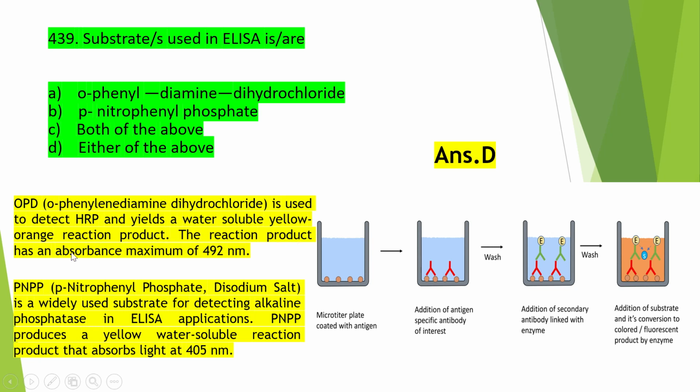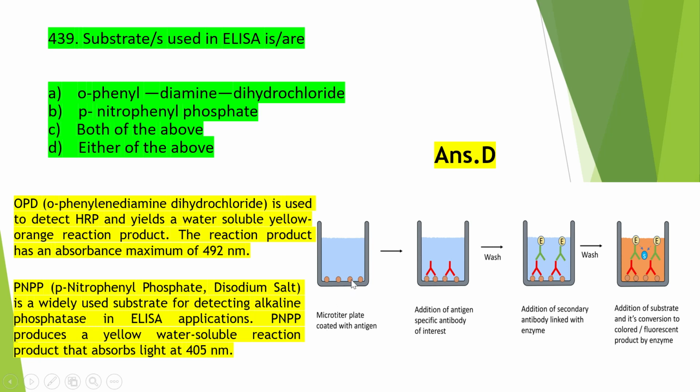The reaction product has an absorbance maximum of 492 nanometers, and PNPP, the paranitrophenyl phosphate disodium salt, is a widely used substrate for detecting alkaline phosphatase in ELISA applications, and PNP produces a yellow water soluble reaction product that absorbs light at 405 nanometers.